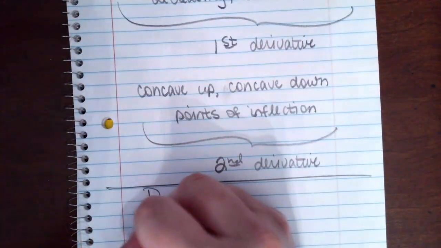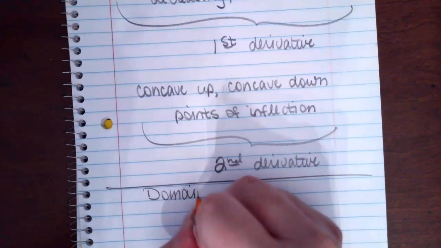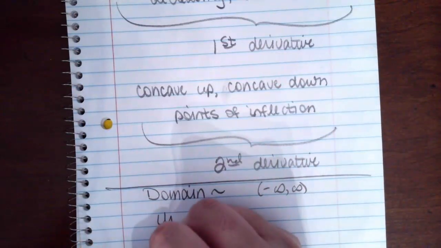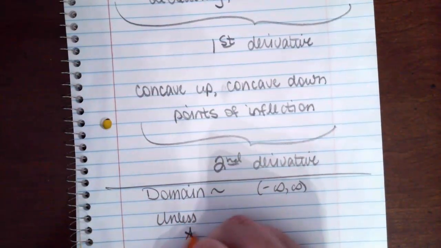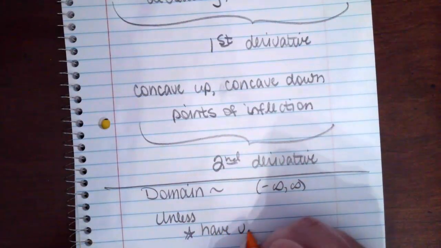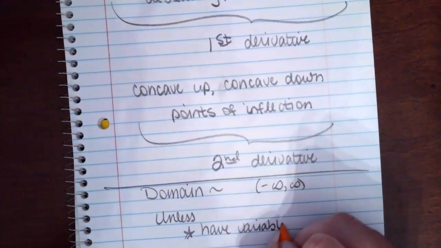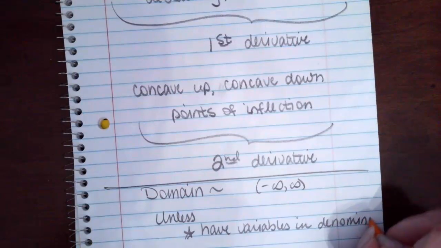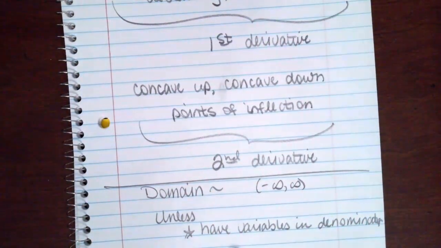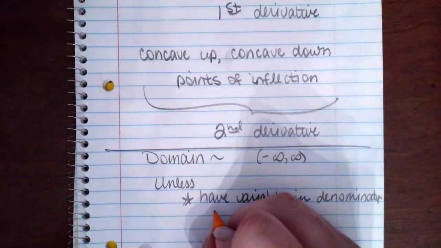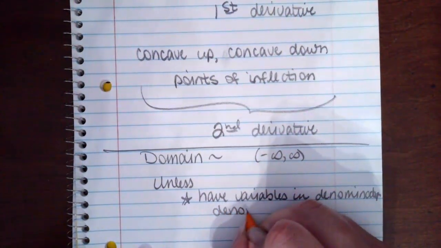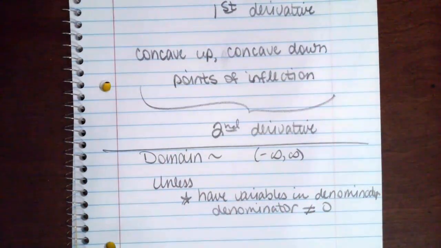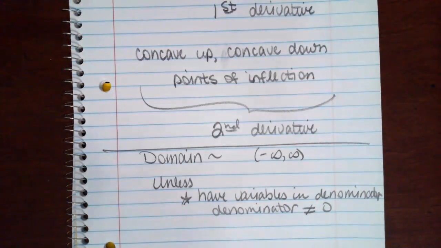The domain is all real numbers unless you have a variable in your denominator, in which case you take your denominator and say it's not equal to 0 and solve, because you never want to divide by 0.